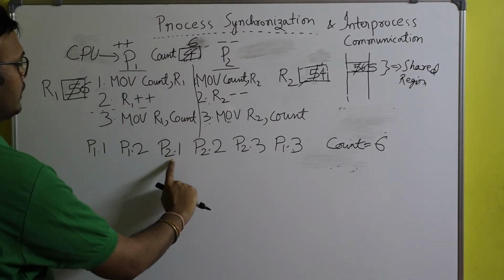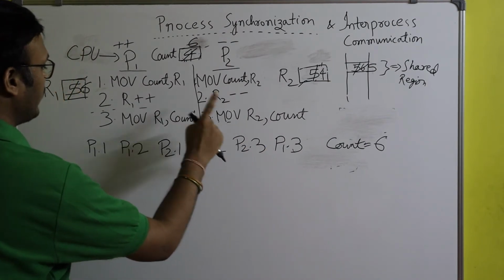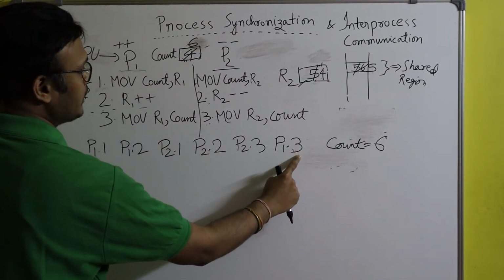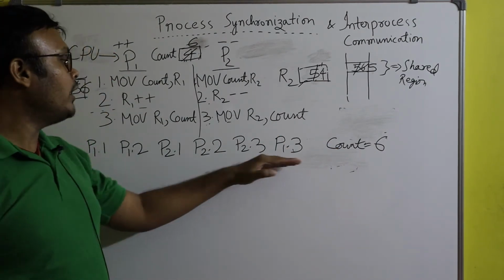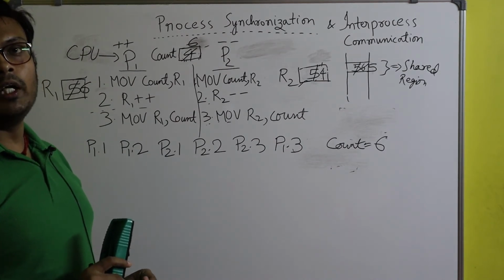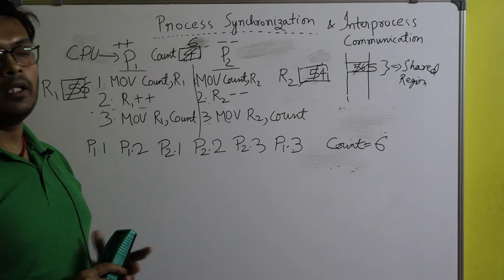Then process P2 executed its first, second, and third instructions. After that, preemption again, and process P1 executed its third instruction. So the count value is 6. But suppose I change the order of execution, will it affect the result? Let's see.